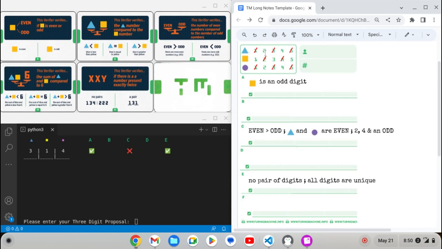And I think similarly, if triangle is less than square, that means that square cannot be a 1, and then maybe that would force it to be, well, that is interesting.